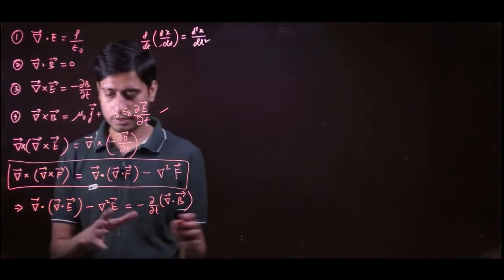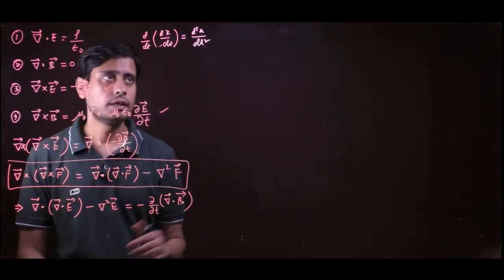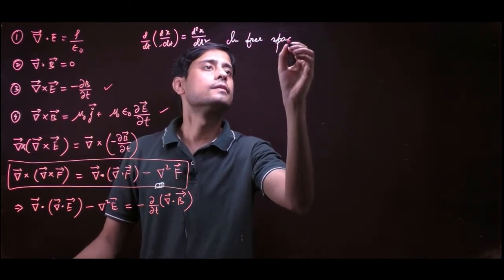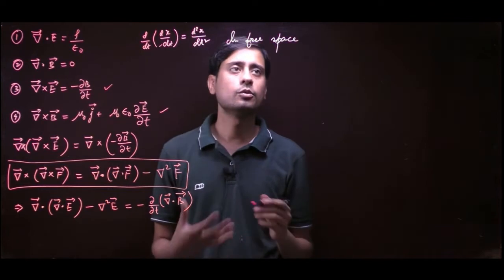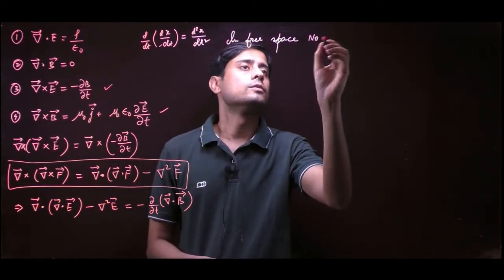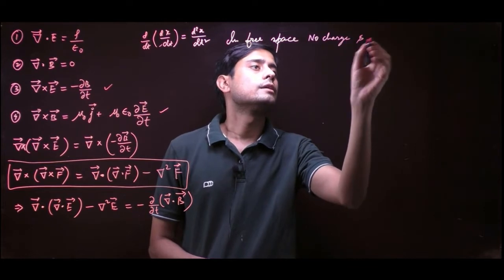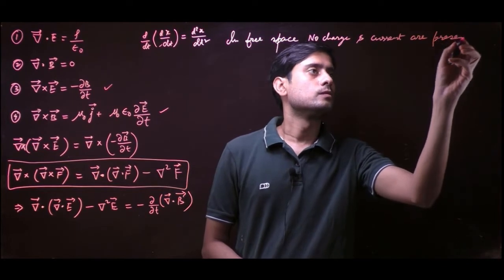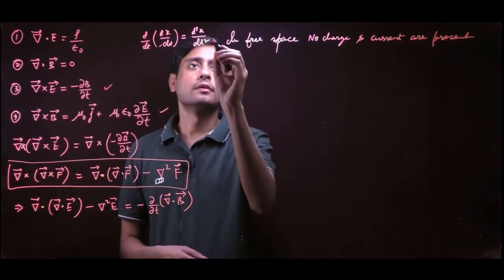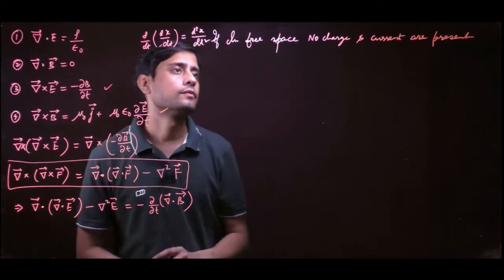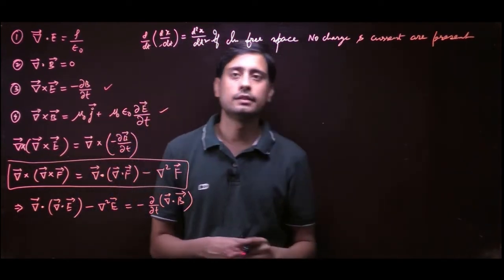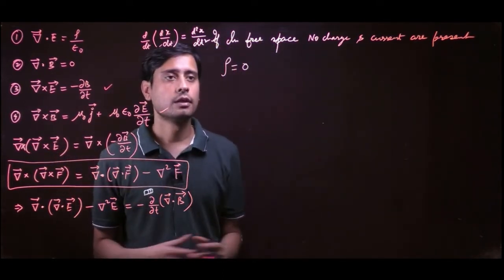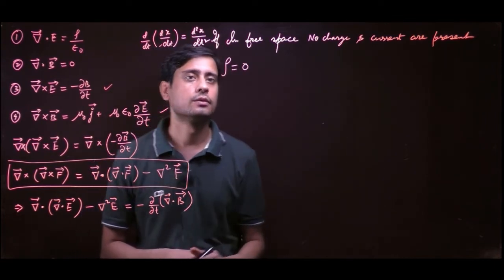Now what we will do here is assume that in free space no charge and current are present. In that case there is no accumulation of charge, there is only free empty space, so rho must be 0.